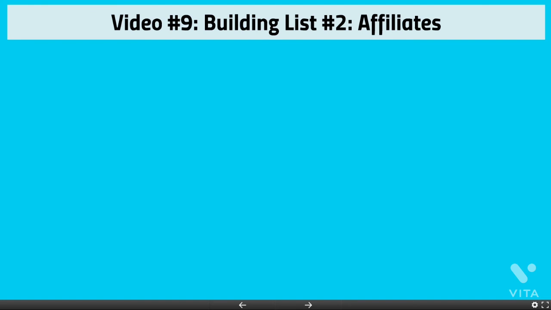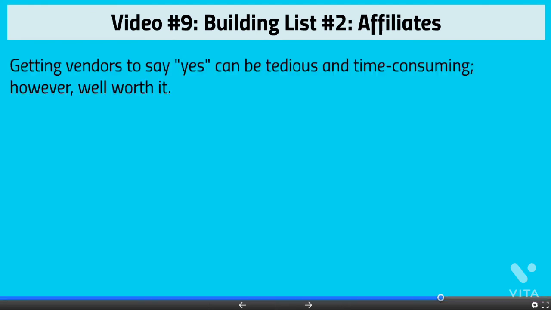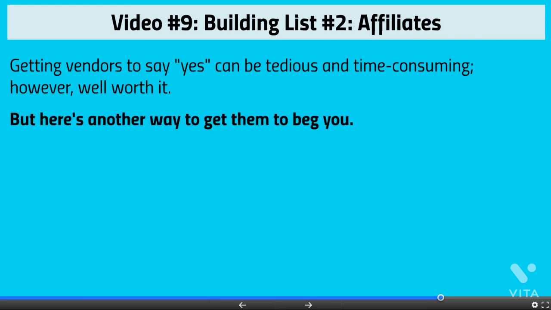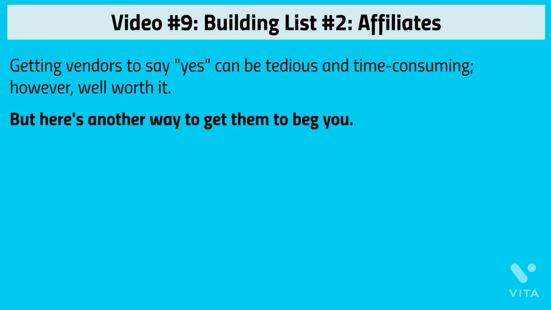And I'll explain in just a minute how you can go about doing this. So getting vendors to say yes can be tedious and time consuming, however, very well worth it. However, there is another way to actually get them to come to you and get them to beg you. So this works really well.